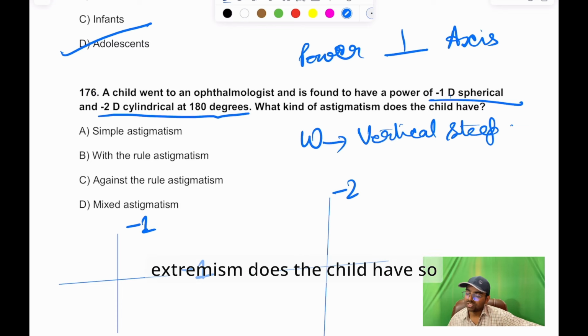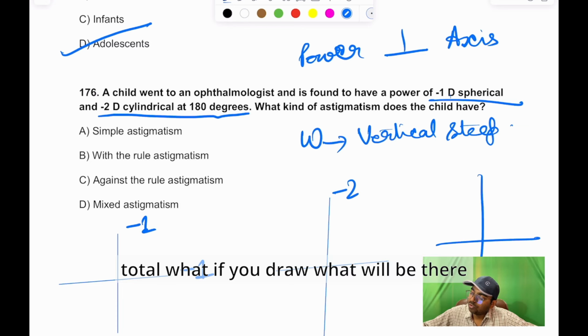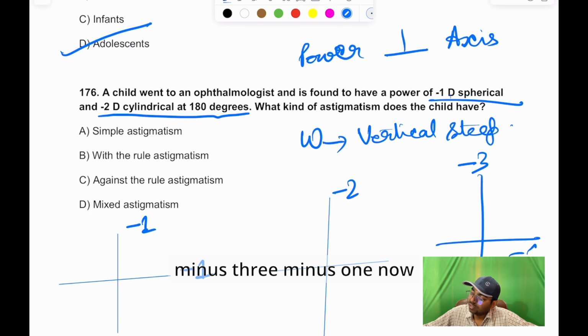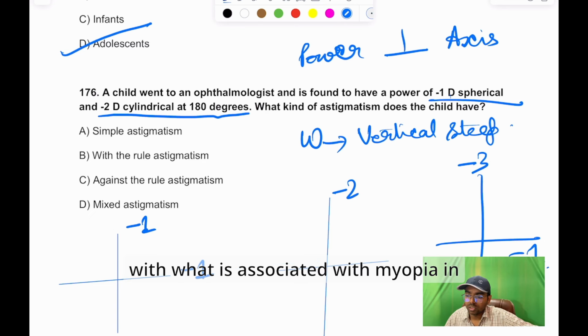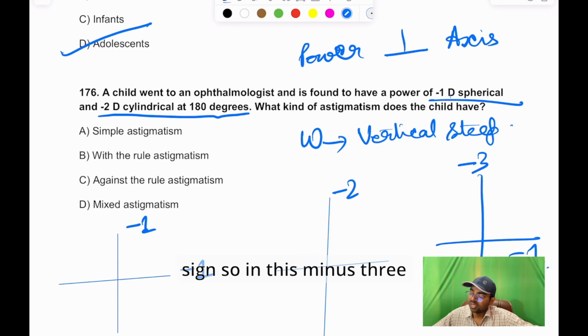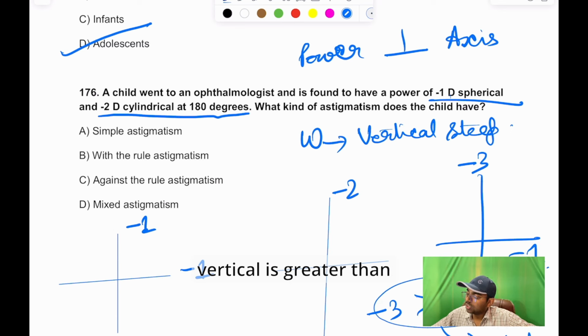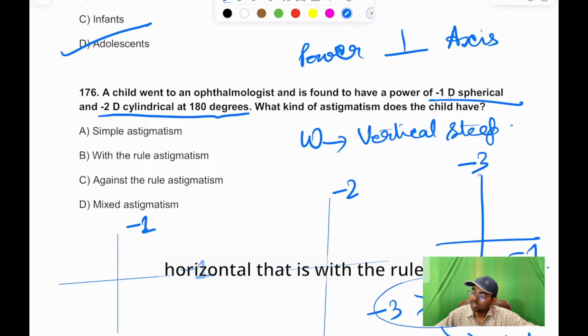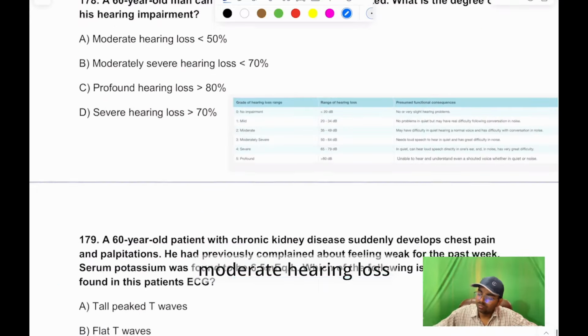What kind of astigmatism does the child have? So in total, if you draw, it will be minus 3, minus 1. Now the minus sign is associated with myopia. In myopia we use the minus sign. So here minus 3 is greater than minus 1, that is, vertical is greater than horizontal, which is with the rule astigmatism. Again this is mucor.